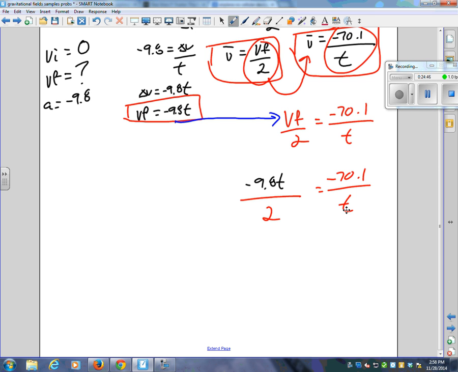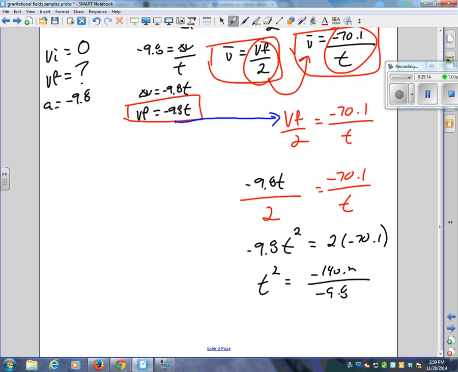So minus 9.8 T times this T is T squared, which is equal to 2 times minus 70.1. And now, oh, that doesn't look too bad. T squared is going to be minus 140.2 divided by minus 9.8.